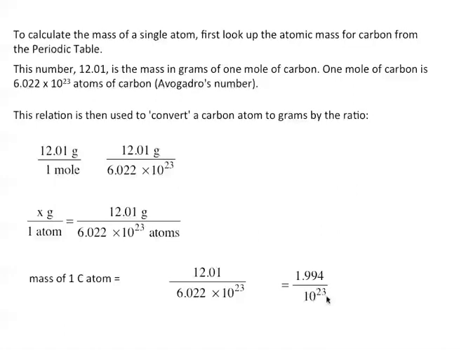And dividing by 10 to the 23 is the same as multiplying by 10 to the negative 23. And there you go. With very little work, we didn't have to crunch this whole number. We just had to crunch the mantissas, or the significands, if you will. And there's our answer. And that's it. Have a good day.